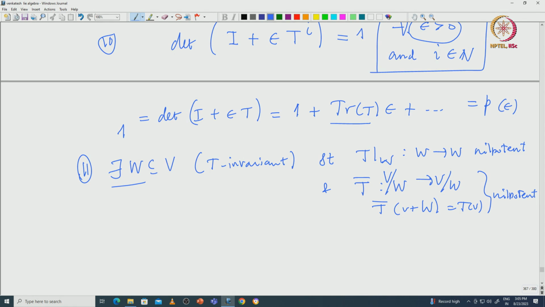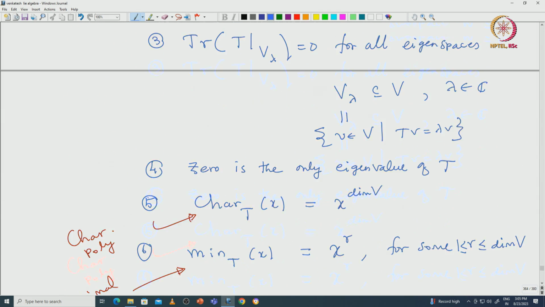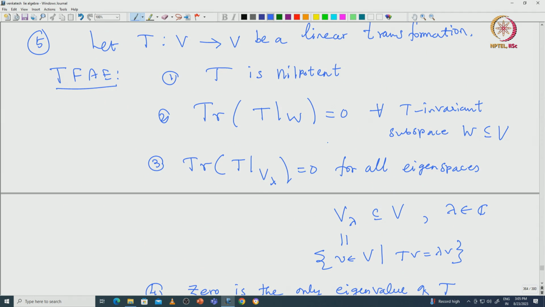So, there are various characterizations for T being nilpotent. One should be very familiar with all these things because we will use them left and right in what is going to come. Okay. So, that is why I have stated this. Similarly, one can list various characterizations of semi-simple linear transformations.